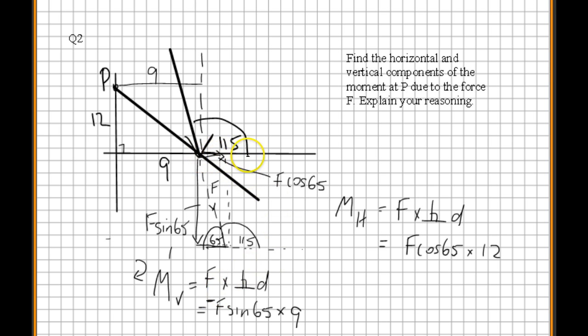This horizontal component, you can see it's twisting around P in the counterclockwise direction. So it's coming out here, going around P in that direction, so we know that it is positive. So there we have it, the vertical and horizontal components and their signs.